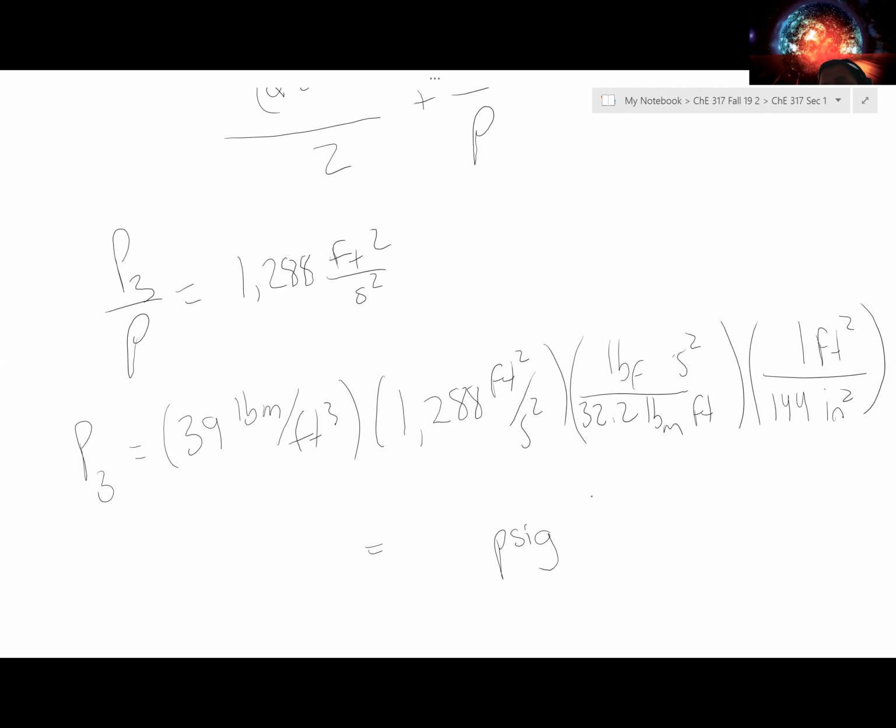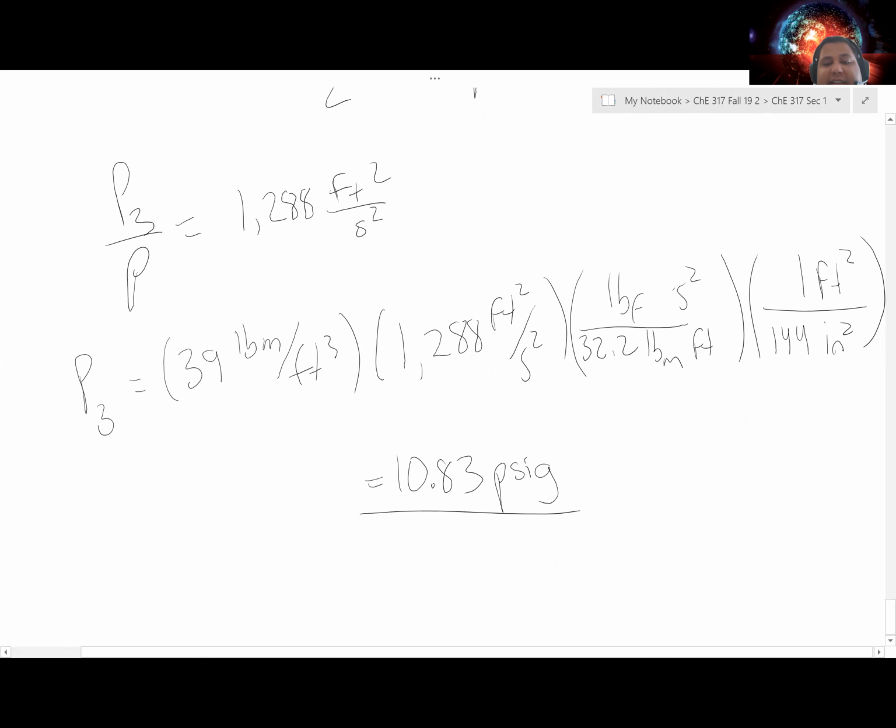So doing this calculation, I should be left with approximately 10.83 psig. So that is the pressure above atmospheric, excuse me, that the fluid leaving the pump would exhibit.